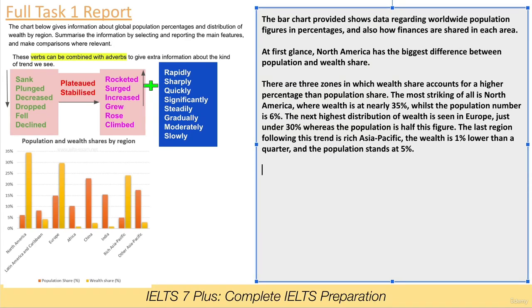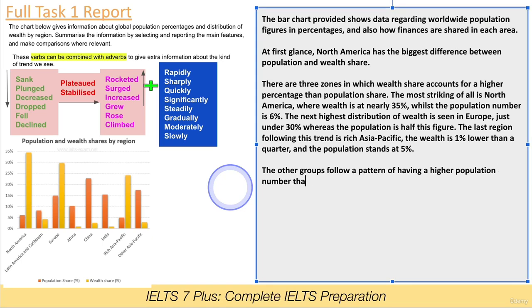Now we're going to compare this with regions and countries which have a higher population than wealth. So the other groups follow a pattern of having a higher population number than wealth distribution.